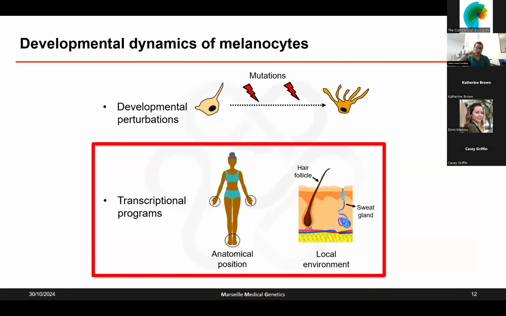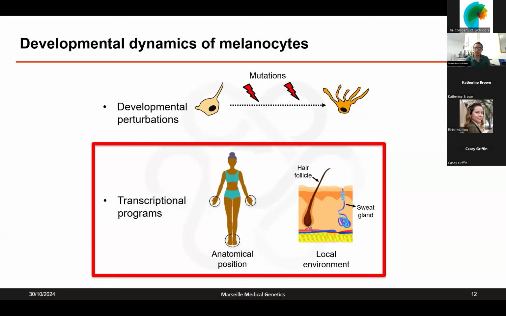Next. And now I would love to continue that story, but I just want to switch gear a little bit and tell you about what we are doing to understand or uncover the transcriptional program differences of melanocytes between the different anatomical positions and within the local environment.